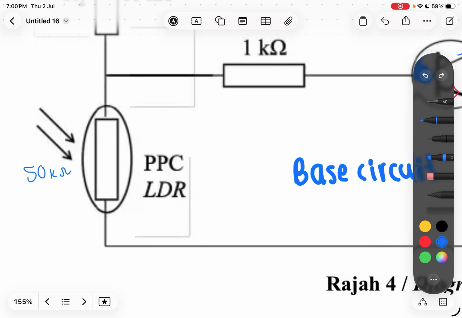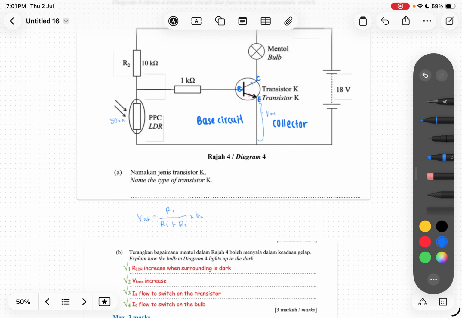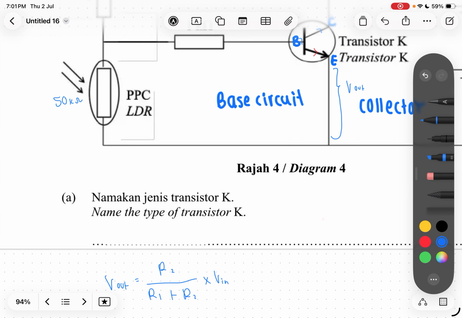So based on the formula in our exam module, V out is equal to R2 over R1 plus R2 times V in.